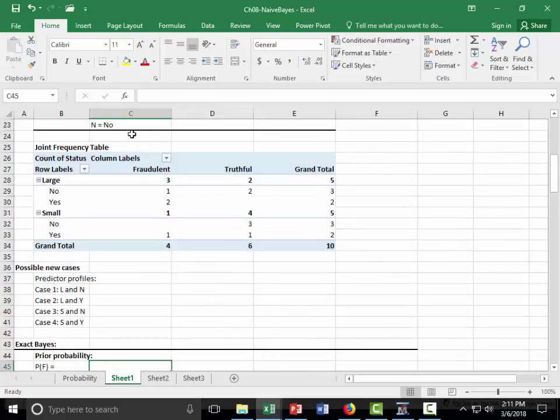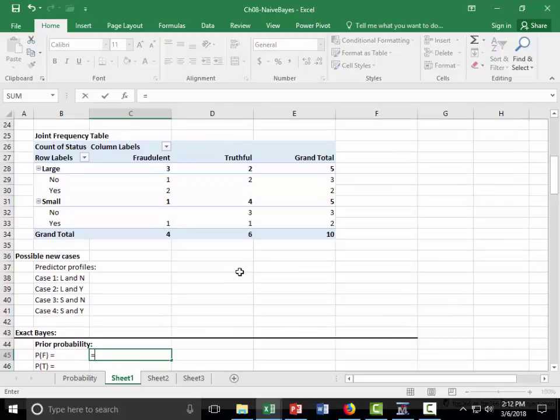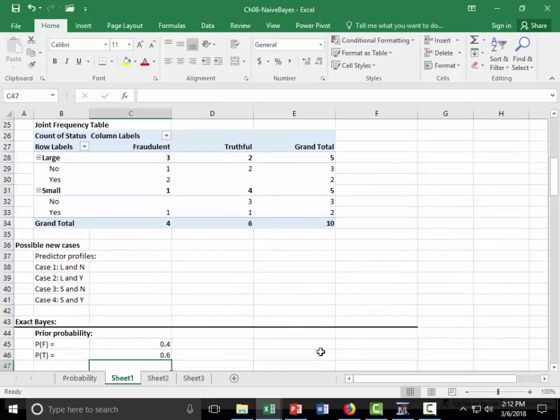Here is fraudulent, here is truthful. So our probability is C34 divided by E34, which will give you the prior probability for F, and 1 minus that would be our prior probability for T.